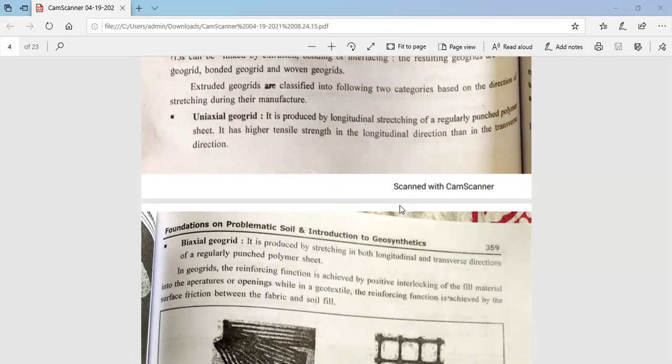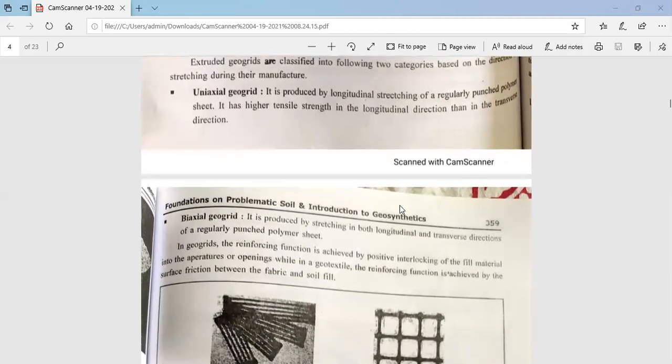geogrid. So a uniaxial geogrid is produced by longitudinal stretching of regularly punched polymer sheets, and it has a higher tensile strength in the longitudinal direction than in the transverse direction. Right? Now talking about biaxial geogrid. It is produced by stretching in both longitudinal and transverse directions of a regularly punched polymer sheet.